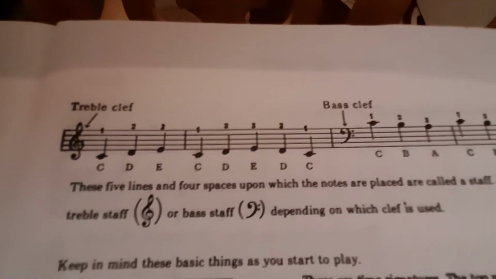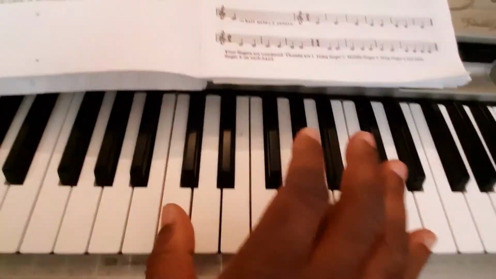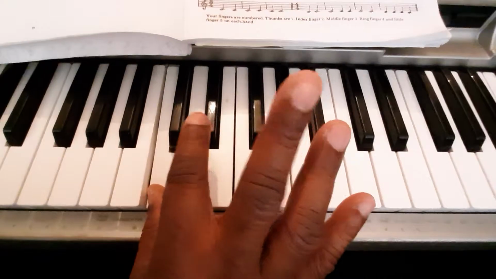For C, I put my finger on key C, Do. The next one will be D, which is the next space. It's actually the next button anyway.